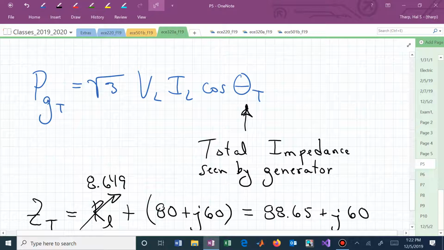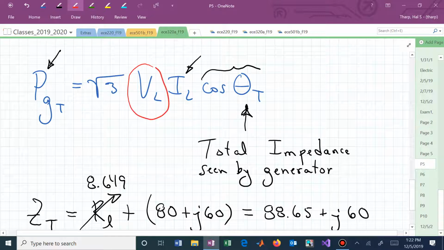Do we have everything that we need? What do we have? We were given this in the problem statement. Weren't we given that to be 140.85 watts? We had to do quite a bit to find that. We're now going to be able to solve for that remaining unknown, which is our line-to-line voltage at the terminals of the generator. And that won't be quite what we need to get V sub little a little n. We'll have to scale that by that square root of 3 factor.